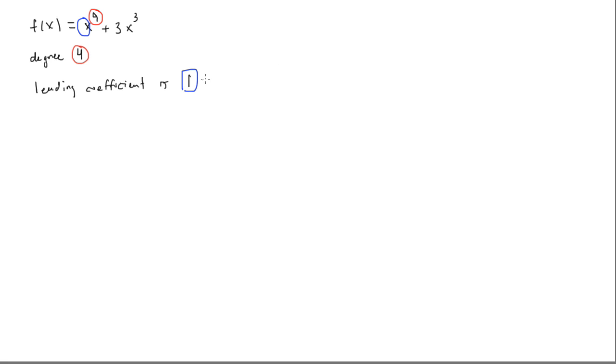So the fact that it's 1 is not particularly important. What really is critical is that that's positive. Okay? So basically what that tells me is that the graph of this function is going to, roughly speaking, look like this at most.